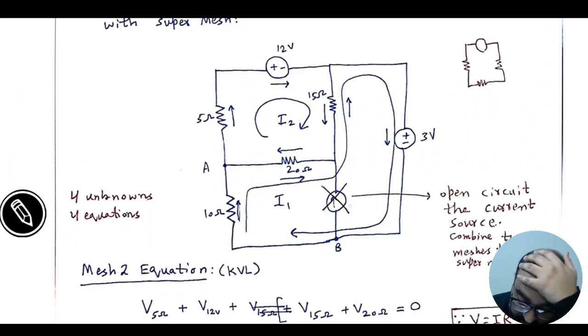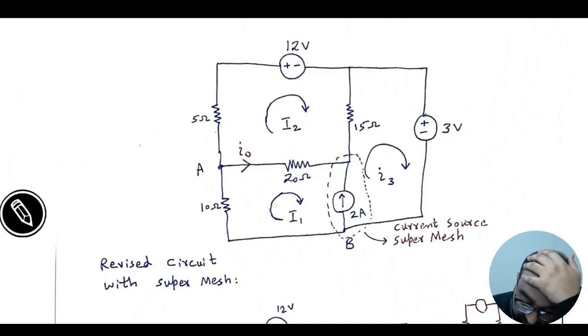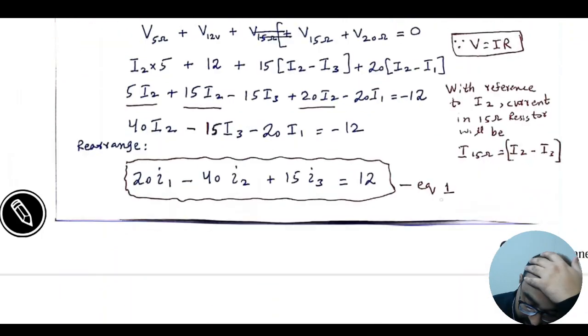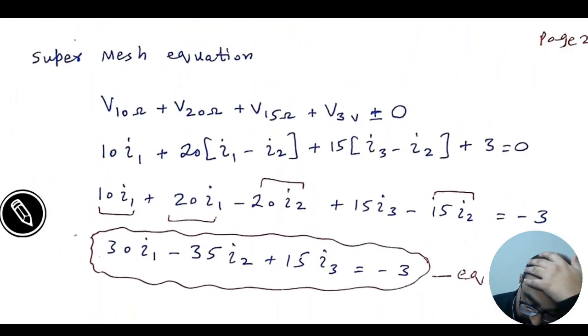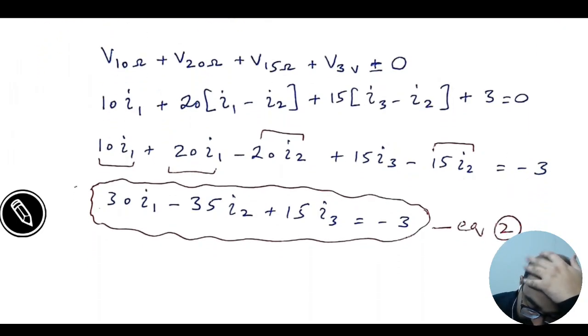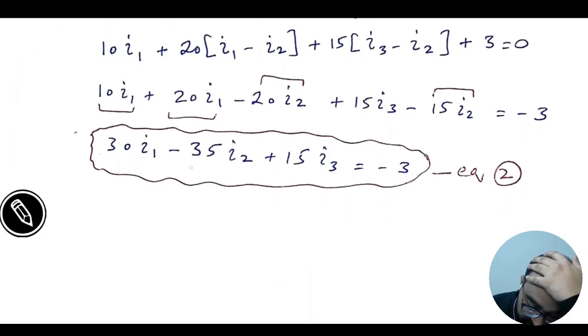We are just doing this for the sake of easy resolution of the circuit. So we will actually be dealing with three currents, I1, I2 and I3. Okay, now this KVL equation is written here. You can solve it by simple mathematics: 10 I1 plus 20 I1 is 30 I1, minus 35 I2 plus 15 I3 is equal to minus 3.